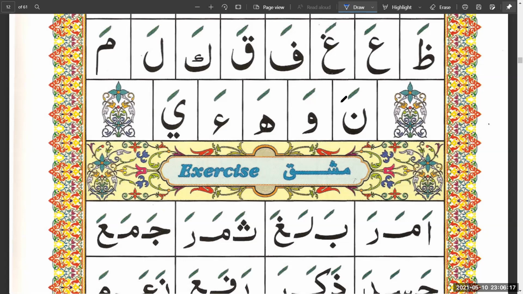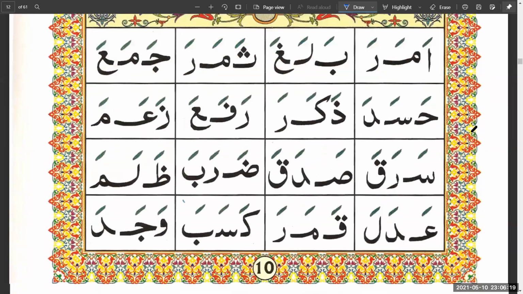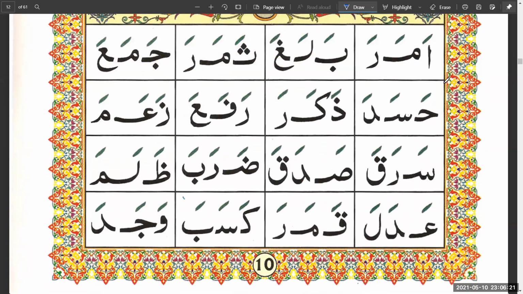Okay, so now we're going to do some practice reading actual words. The skills that you want to have here is you want to remember what the letters look like in the beginning, middle, and end form. We're going to apply that along with all the fathas here. You'll notice the green symbols or the lines all come at the top of the letters.